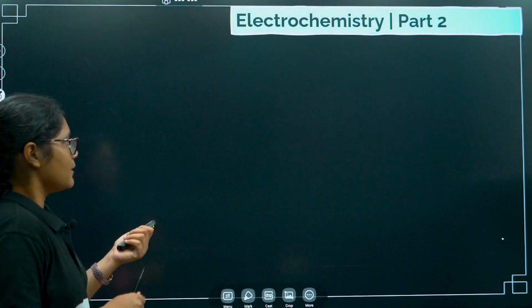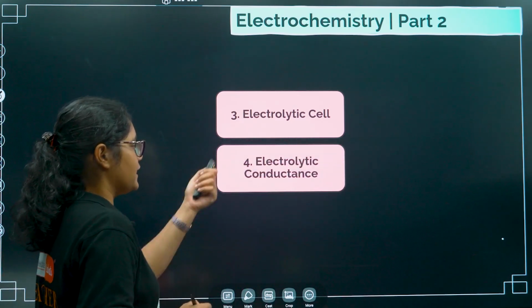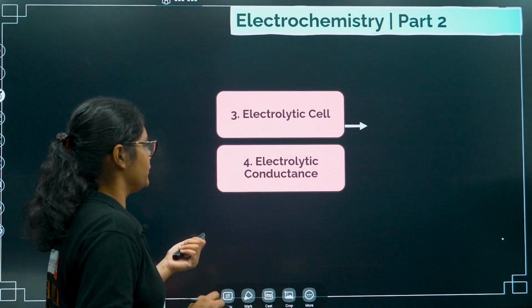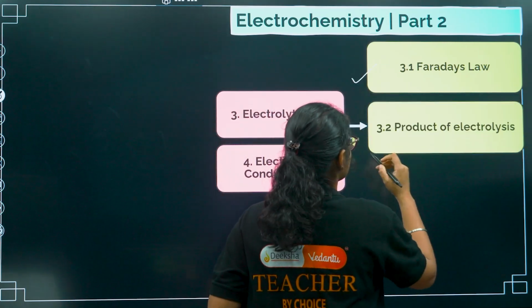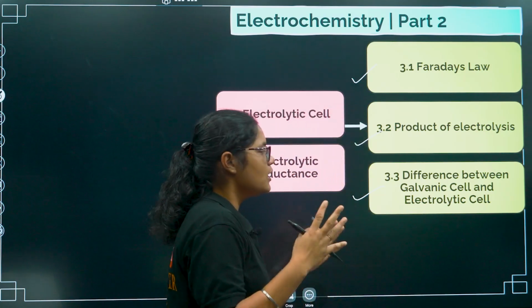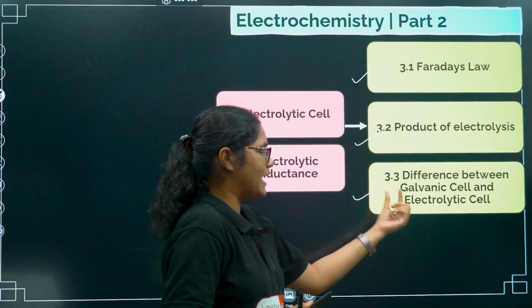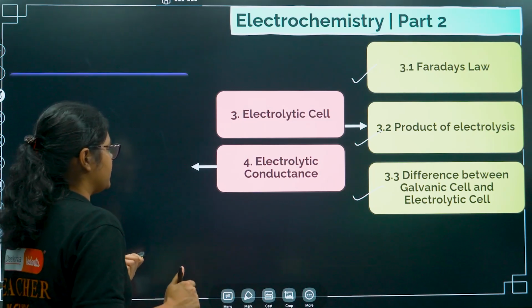Okay, now coming to today's electrochemistry part 2. So I'll be discussing electrolytic cell and electrolytic conductance, as I already told you. In electrolytic cell we'll be discussing first Faraday's law, then we'll be discussing products of electrolysis, and then we'll have a small comparison between galvanic cell and electrolytic cell. Okay, and then coming to electrolytic conductance.